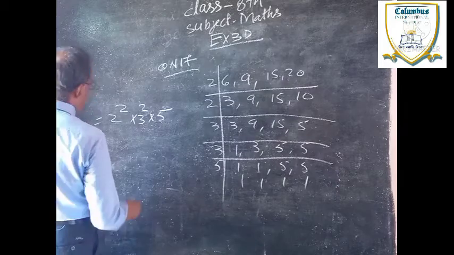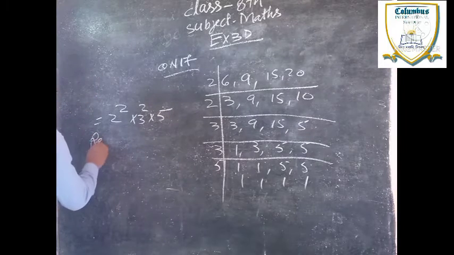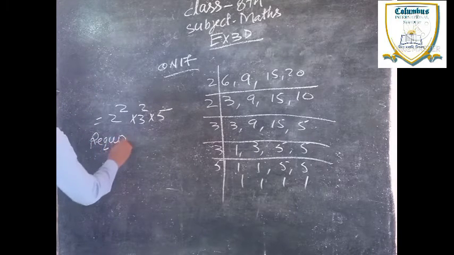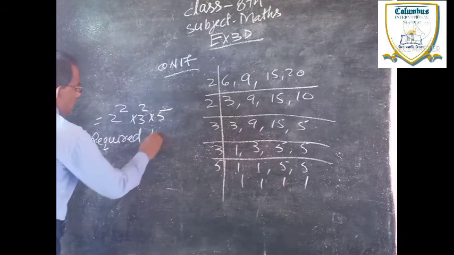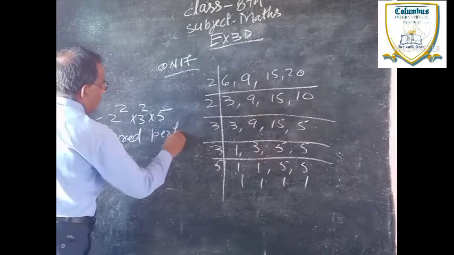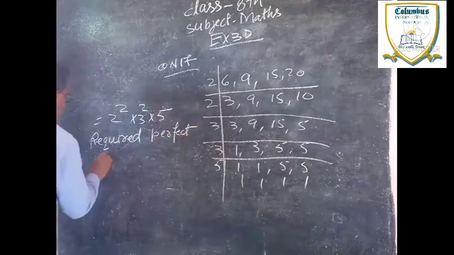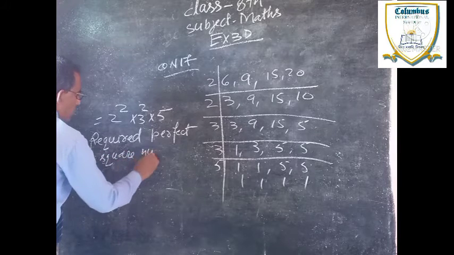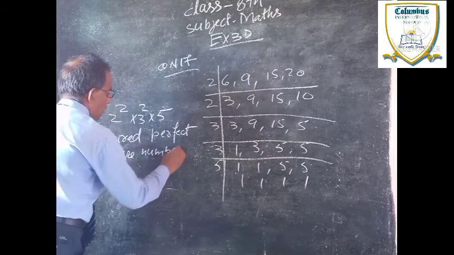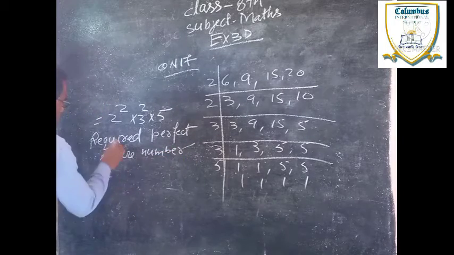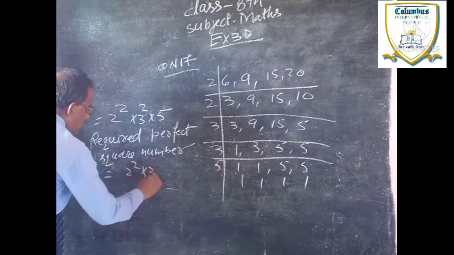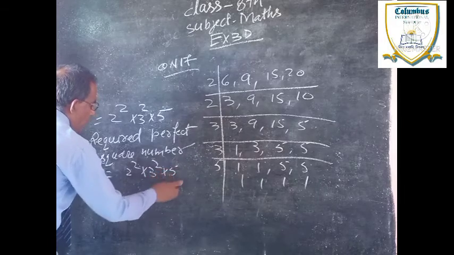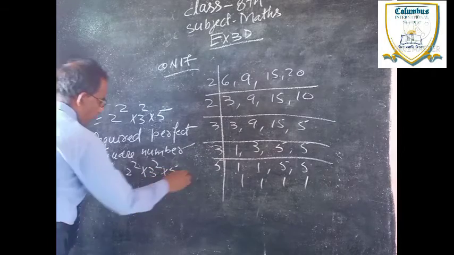It means the required perfect square number equals 2 square into 3 square into 5, and we shall multiply the LCM by 5.